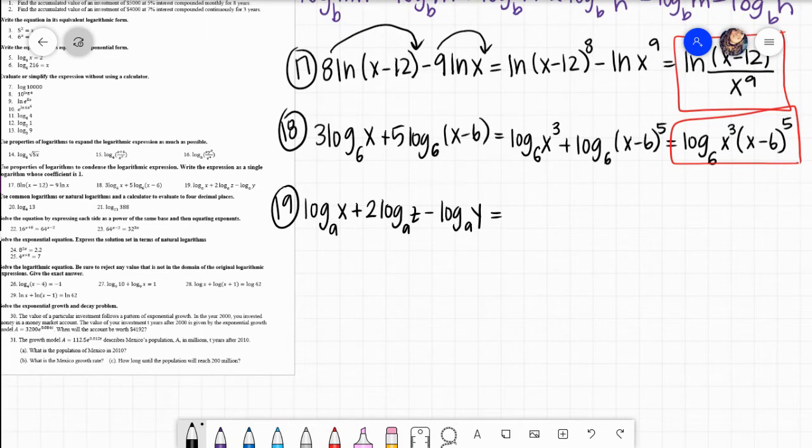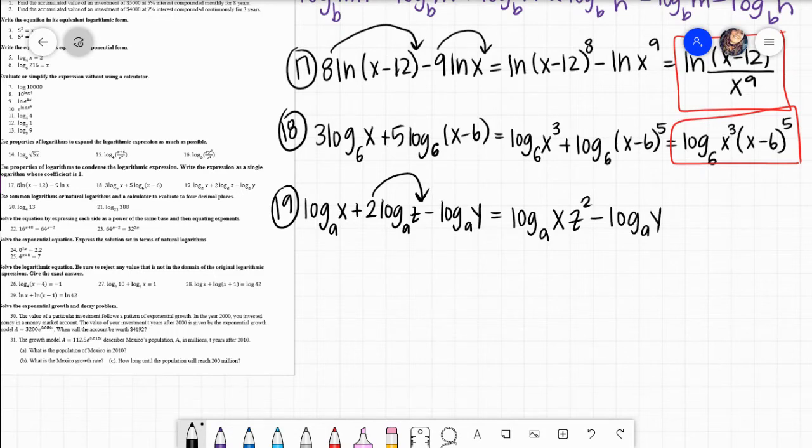Applying the product rule right here, you get log base a of x. Oh, look at that, that 2 is going to become an exponent. So right there, z squared. And then we subtract from that log base a of y.